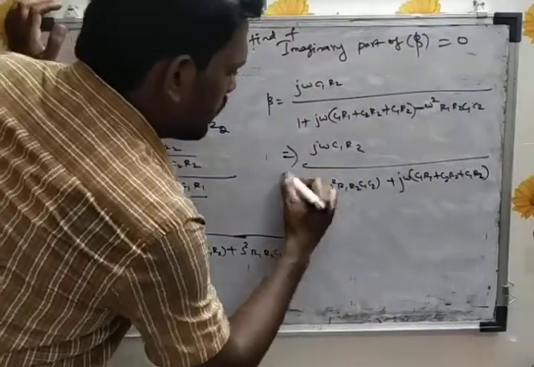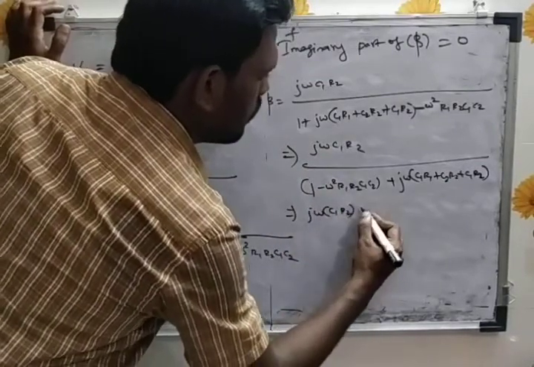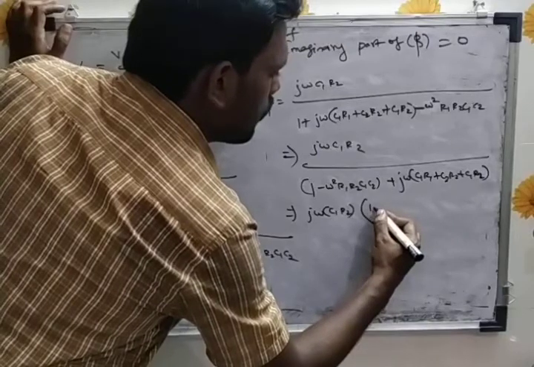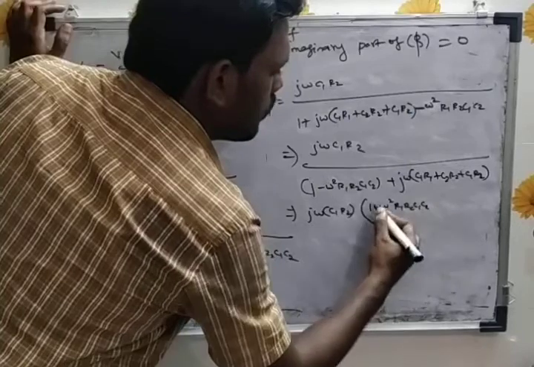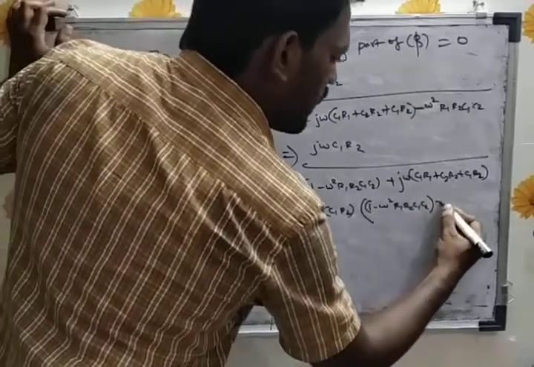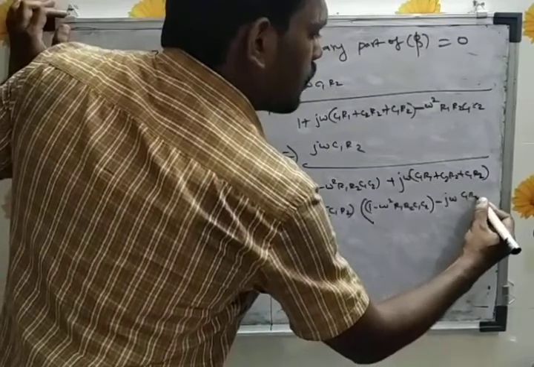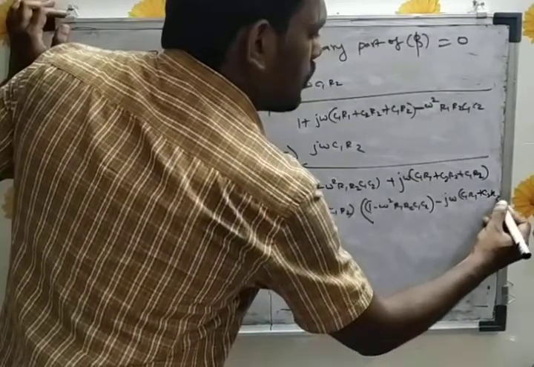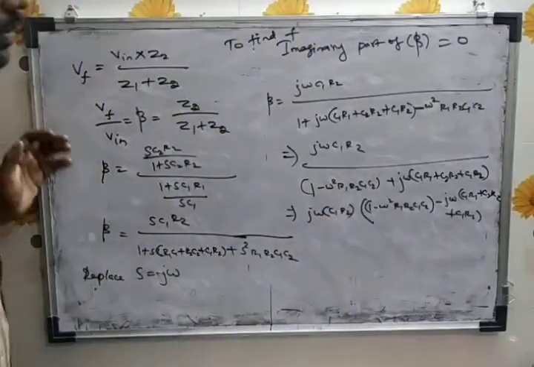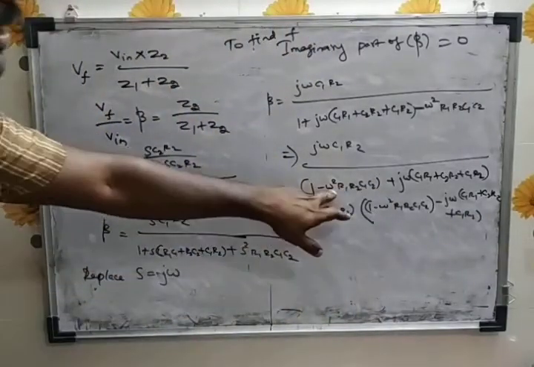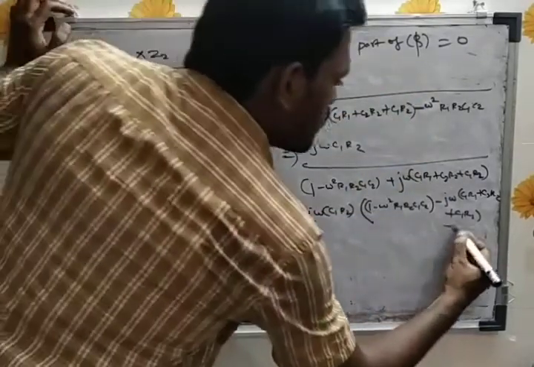So you will get J omega C1 R2 into (1 minus omega square R1 R2 C1 C2) minus J omega (C1 R1 plus C2 R2 plus C1 R2), divided by the denominator part, which will become a real term. So the imaginary part becomes 0.